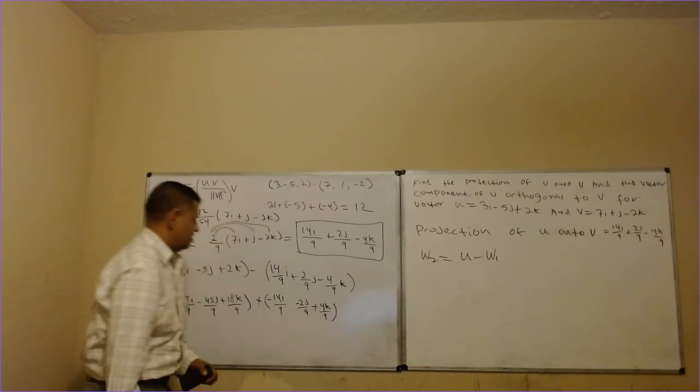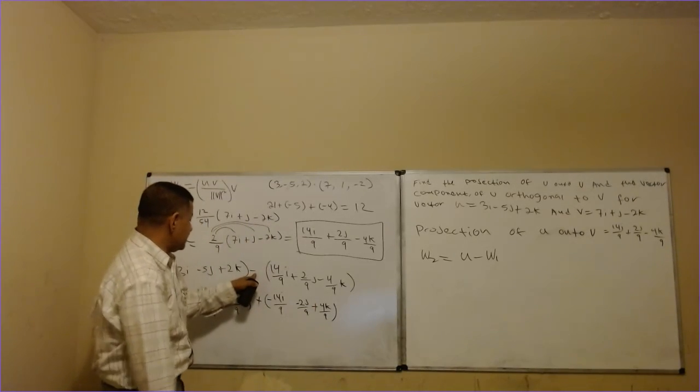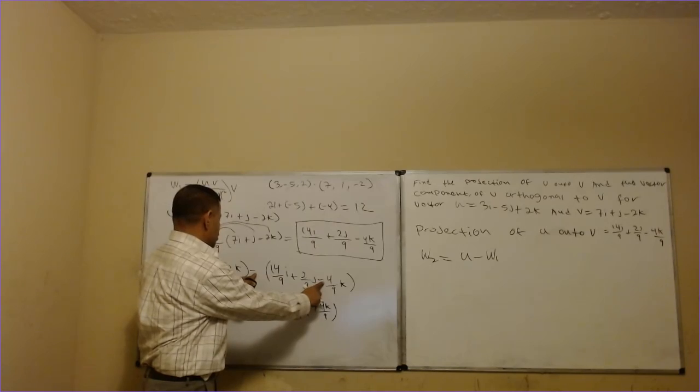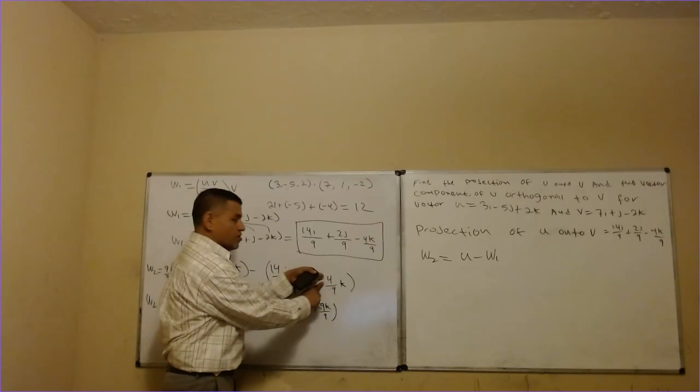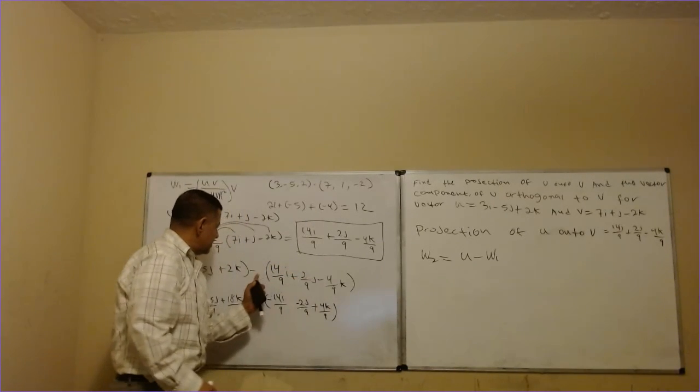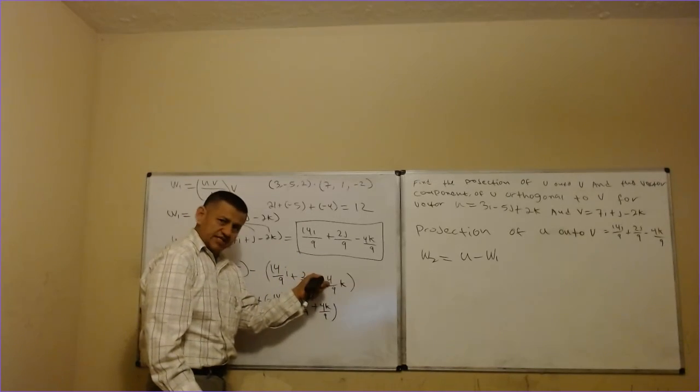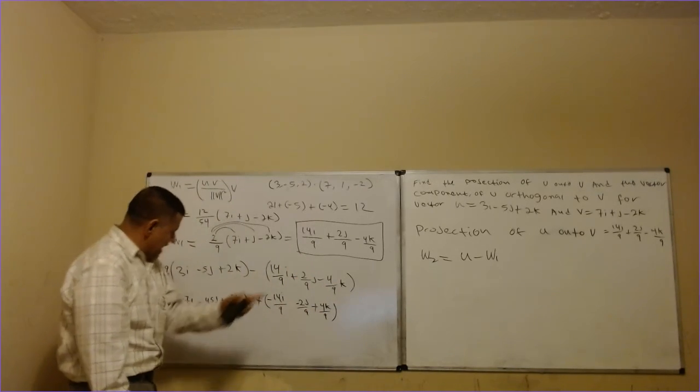Why? Because this is negative, so if I distribute that sign across, I get a positive. Negative times a negative is equal to positive, right? So now I got this.